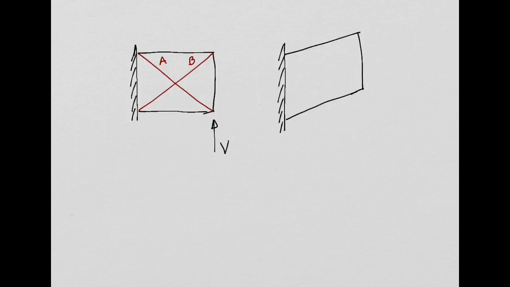So you will have your force V here, yeah? Basically your strut A under these deformed conditions is going to be in compression, yeah? While the strut B is going to be in tension. Yeah, you can imagine this, right?